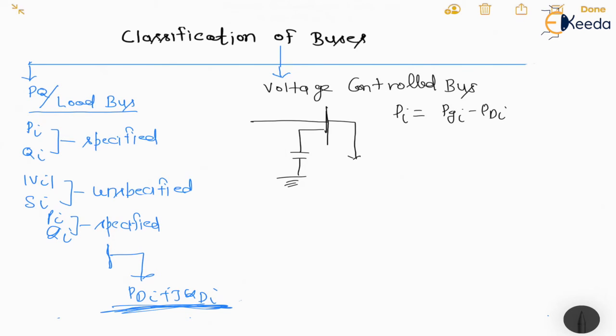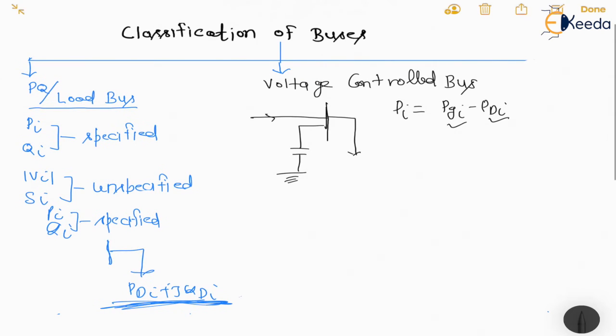Pi, if you are writing, then simply it will be Pgi minus Pdi, meaning generation minus demand. So there, as I have discussed, there will be no effect of power coming from the source for the transmission line, and whatever reactive power has been consumed or given to the bus will not be considered. Pi means only one thing, Pgi minus Pdi.